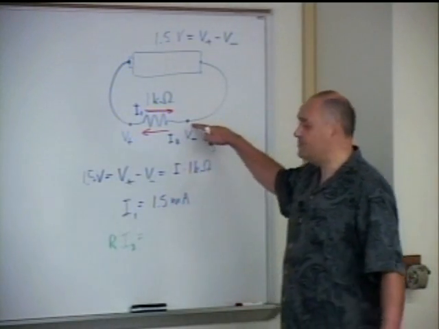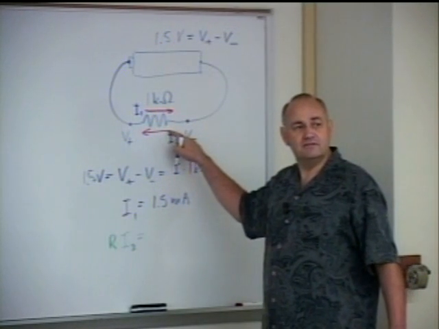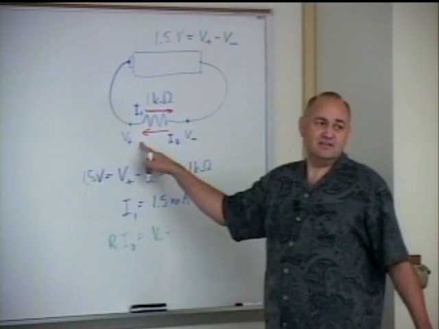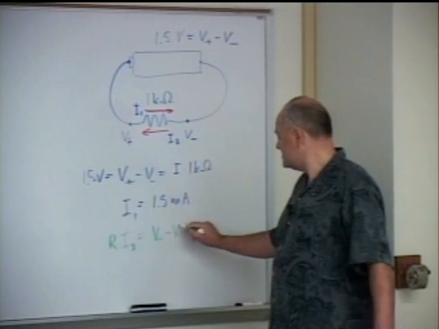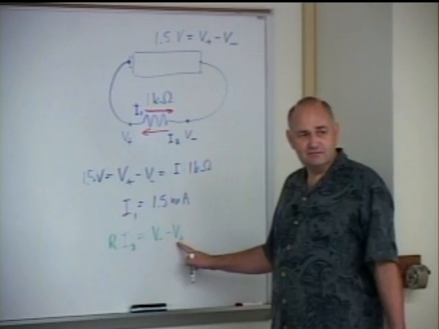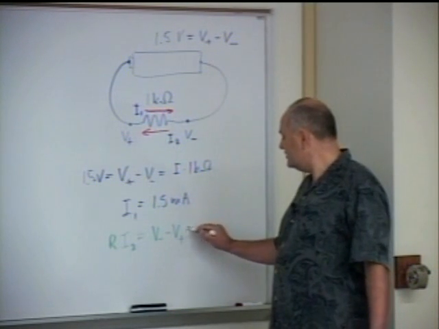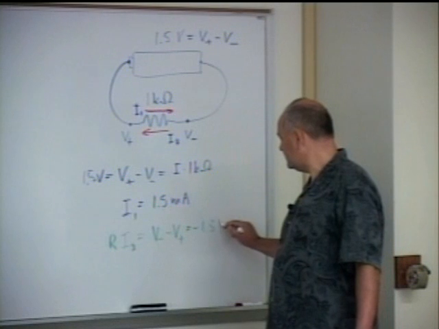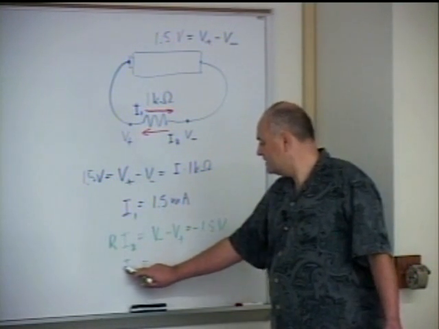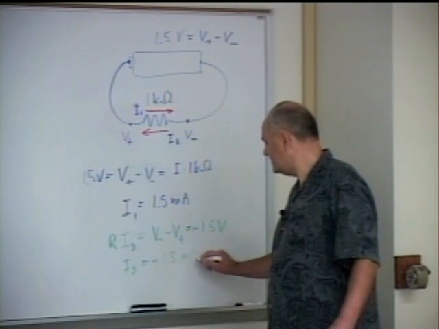It should be the potential corresponding to the tail of the arrow, V minus, minus the potential corresponding to the head of the arrow, V plus. Now this potential V plus, consistently with this drawing, is higher than that one. So this value is minus 1.5 volts. So from here I find that current 2 is equal to minus 1.5 milliamperes.